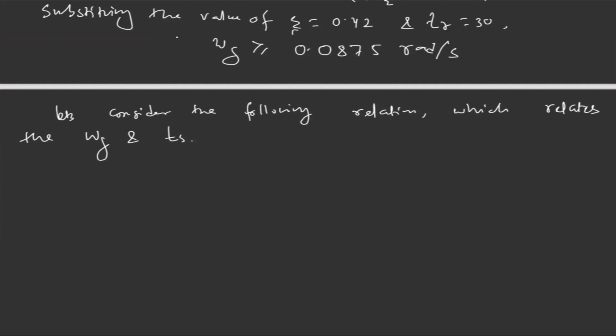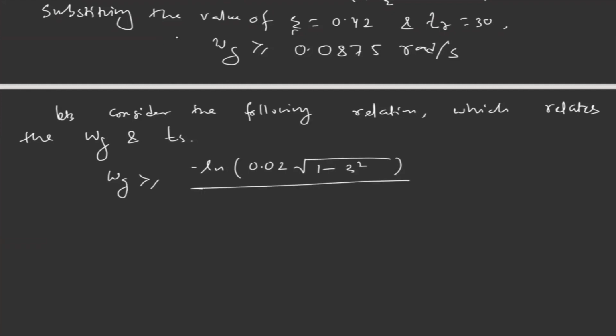So we have the relation omega g greater than or equal to natural logarithm of 0.02 times the square root of (1 minus zeta square), divided by zeta ts, times the square root of (4 zeta to the 4 plus 1 minus 2 zeta square).